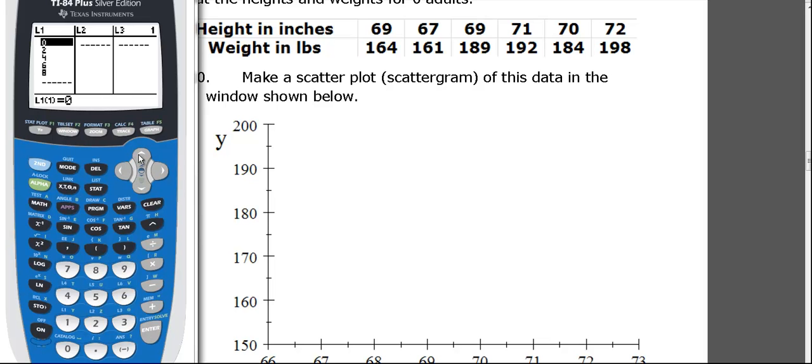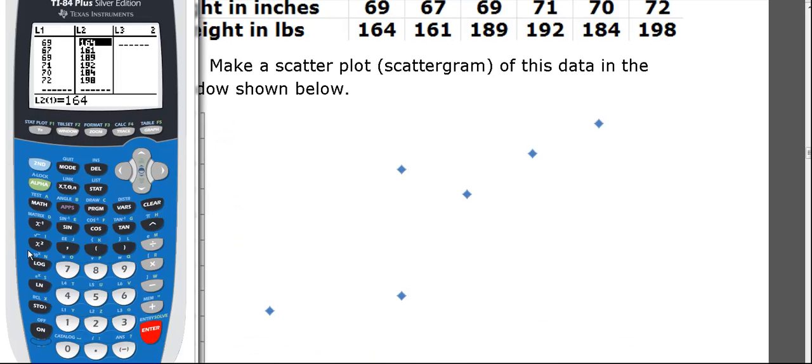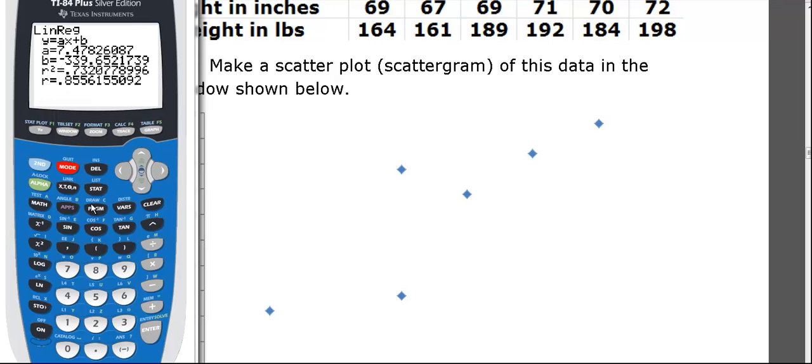Then I went to this column, pressed clear, and all the entries are out here. So I am going to enter all the values 69, 67. Now I have entered all the data.